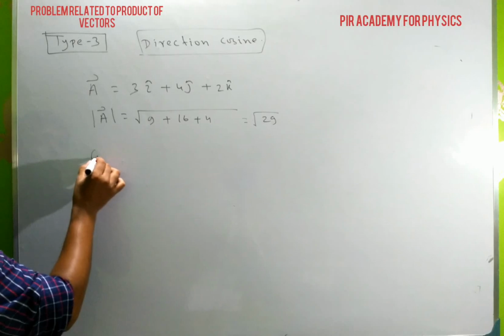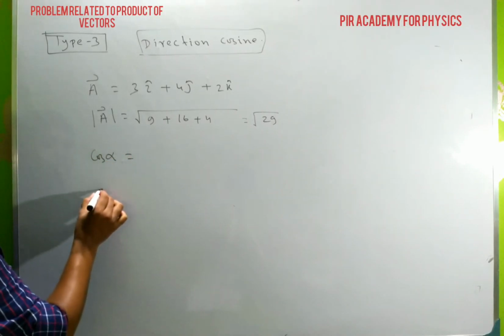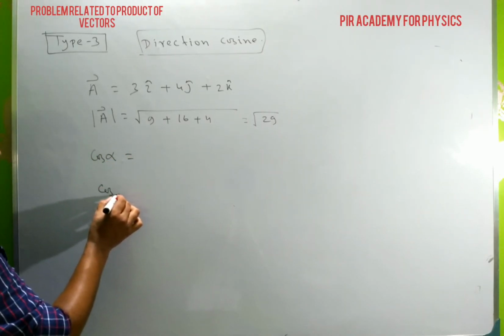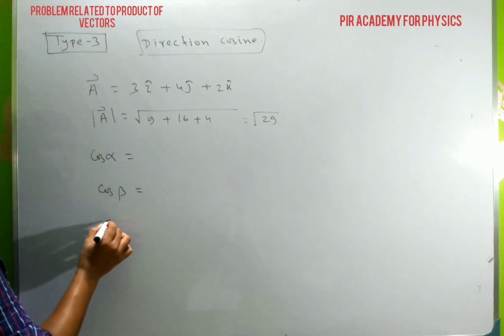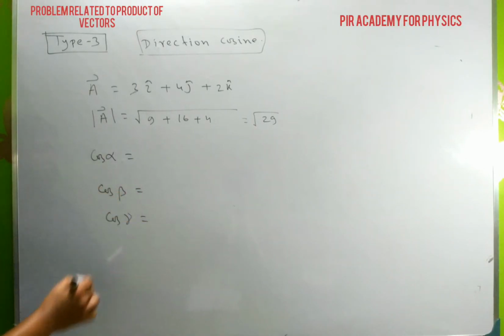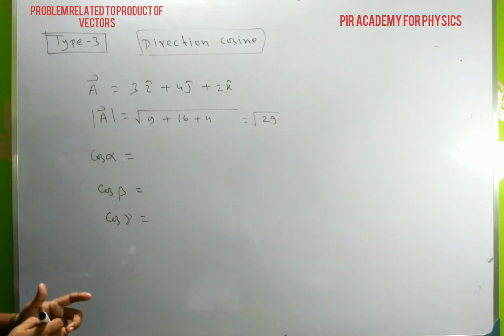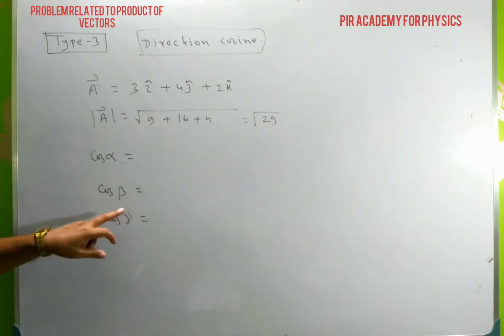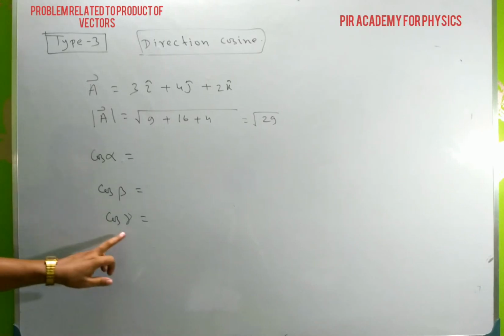Direction cosine means cos alpha, cos beta, and cos gamma. What is alpha, beta, and gamma? The angle with x-axis is alpha, with y-axis is beta, and with z-axis is gamma.